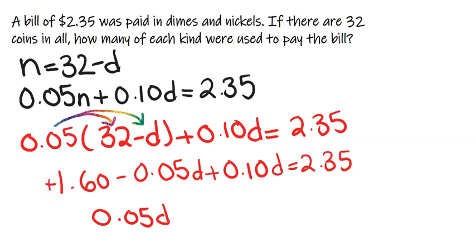Since it's positive, we'll subtract it and make it negative, so it will cancel out on this side. But since we were subtracting 1.60 on this side of the equation, we'll have to do it on the other side of the equation. So 0.05 D is equal to 2.35 minus 1.60.